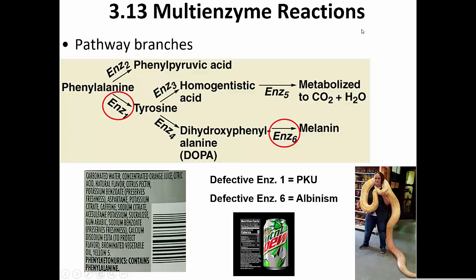Interestingly, a mutation in enzyme number 1 is a disorder known as phenylketonuria, abbreviated PKU. This is one of several metabolic disorders that are tested for at birth when a human is born, and these are referred to as inborn errors of metabolism. The reason that we test for it will be clear if we explain the symptoms and the treatment of this disorder.